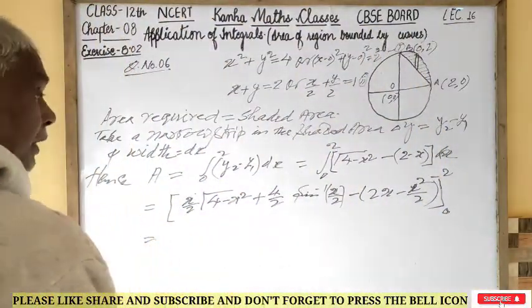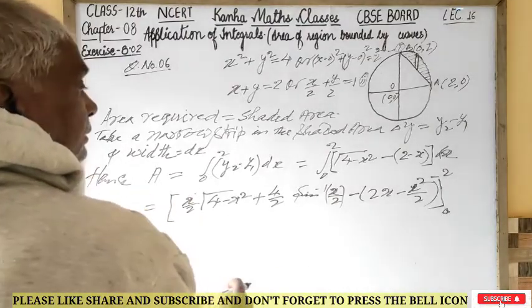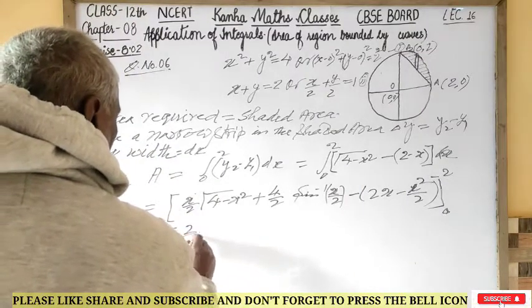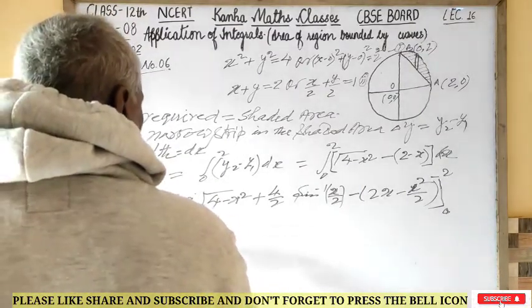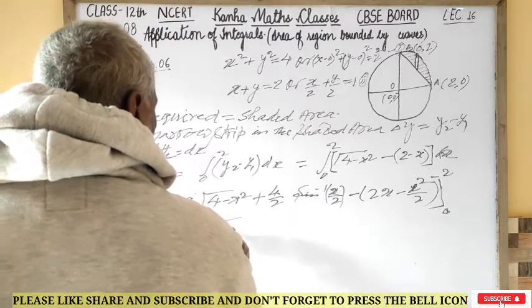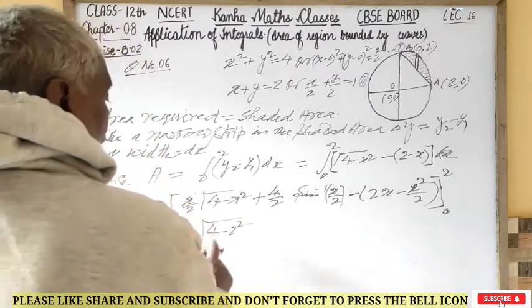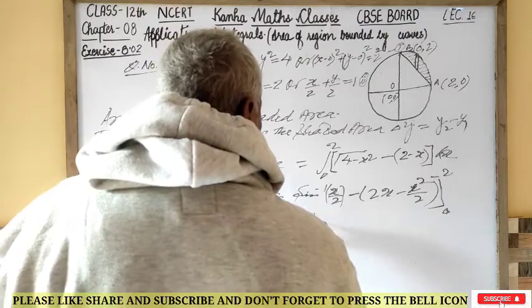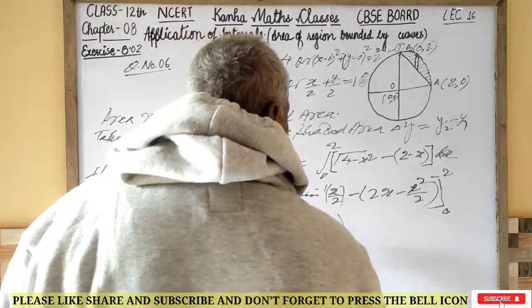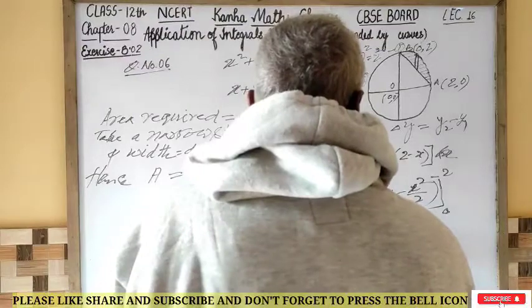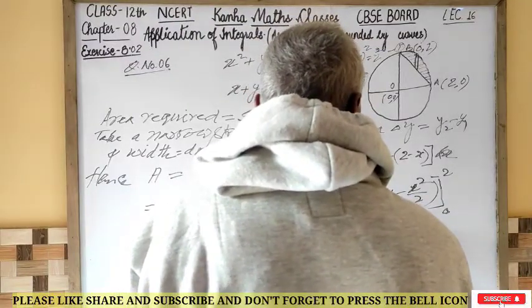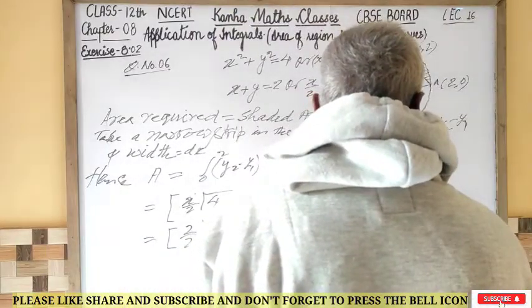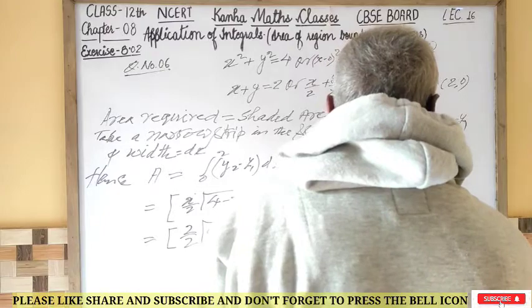By substituting the upper limit, that is replacing x with 2, we get here 2 by 2 into under root 4 minus 2 square, which will be 0, plus 4 by 2 means 2 sine inverse 2 by 2, minus 2 times 2 minus 2 square by 2.